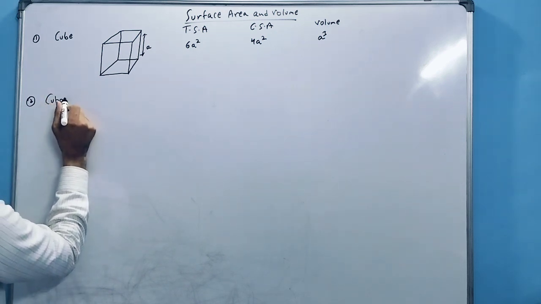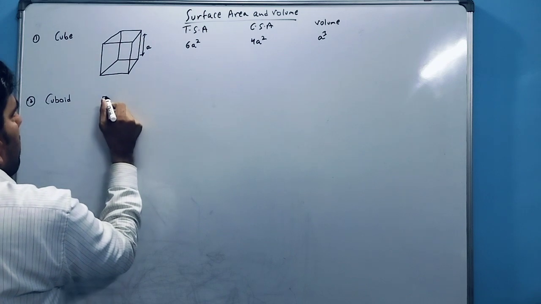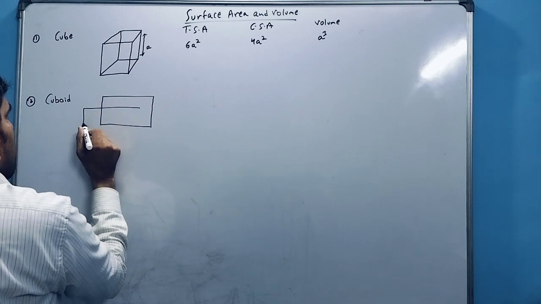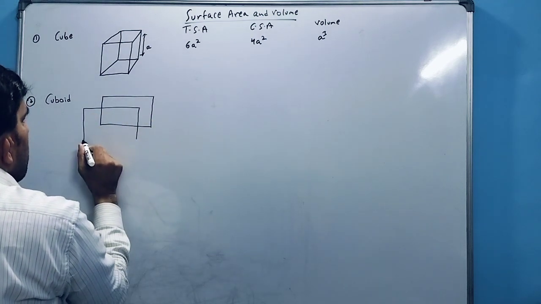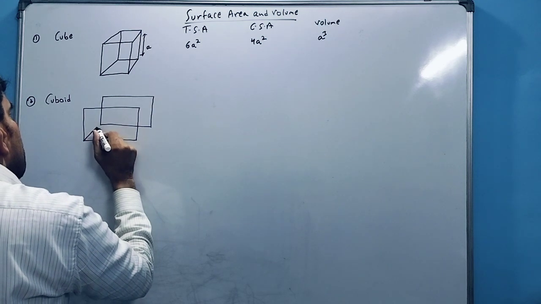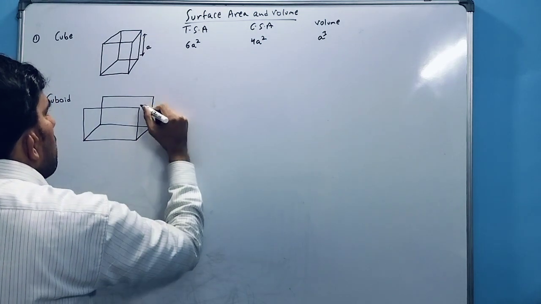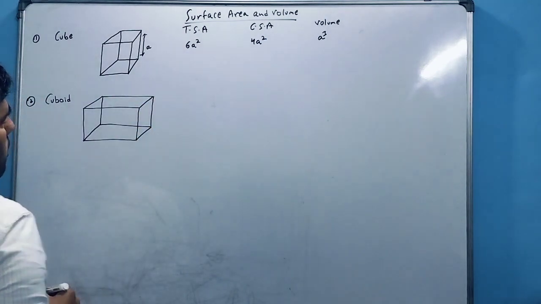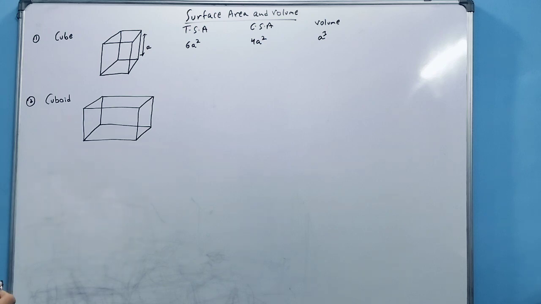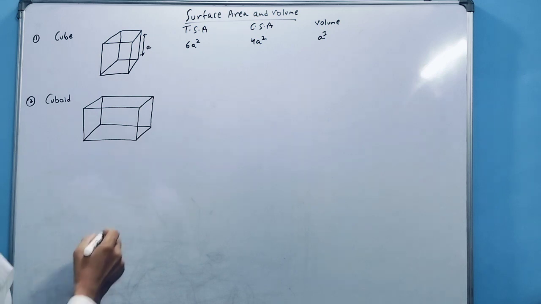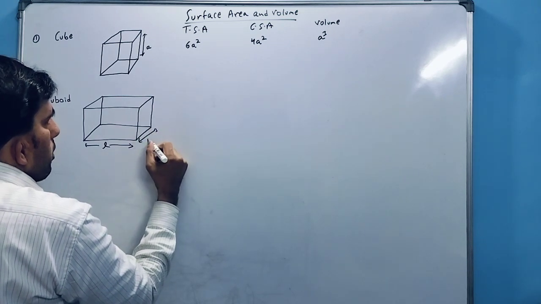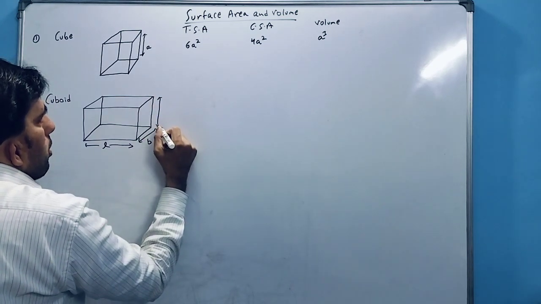Okay, let us talk about the second figure, cuboid. How does it look like? So this is a cuboid. We have its length, its breadth and its height.